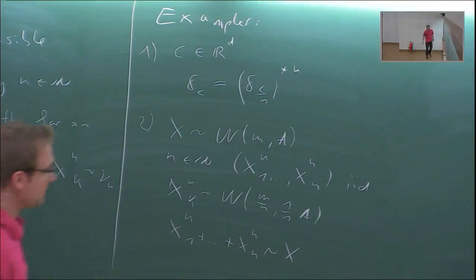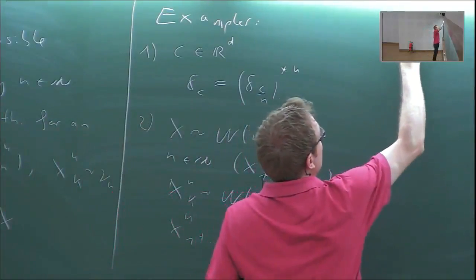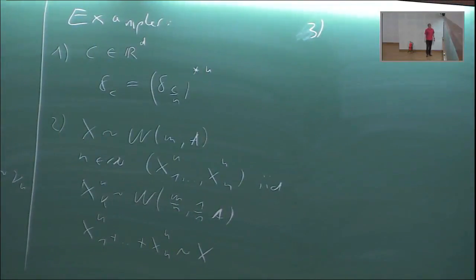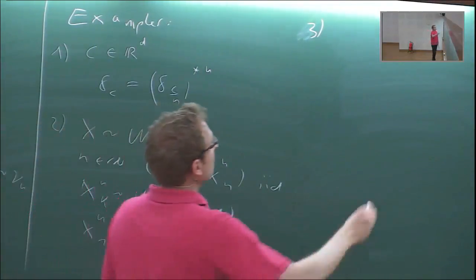We saw another distribution where this was satisfied, and this was the Poisson distribution.